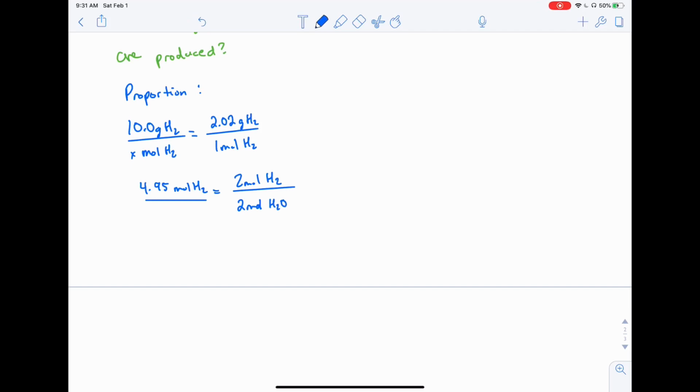If this is 4.95, then what's the bottom here? 4.95 as well, right? Because it's the same ratio. So it is also 4.95 moles of H2O. Then we can take our 4.95 moles of H2O and convert it back to grams, because 1 mole of H2O is equal to 18.02 grams of H2O. And you get approximately 89.21 grams of H2O.